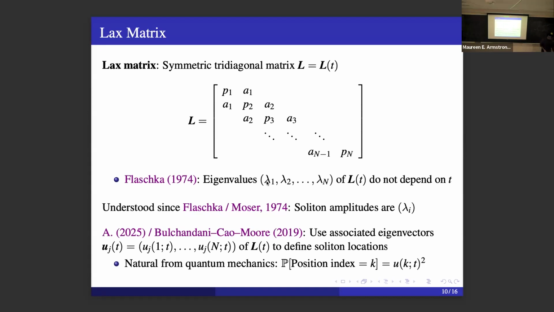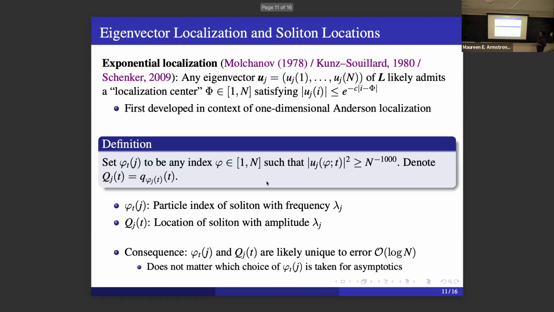And if you know a little bit of quantum mechanics, this is very natural because if I have some wave, some state in a quantum mechanical system, the position associated with it is going to be a random variable whose probability of being equal to an index k is weighted by the square of the kth coordinate, right? So you can try doing something very similar here, and that will be exactly what we'll do.